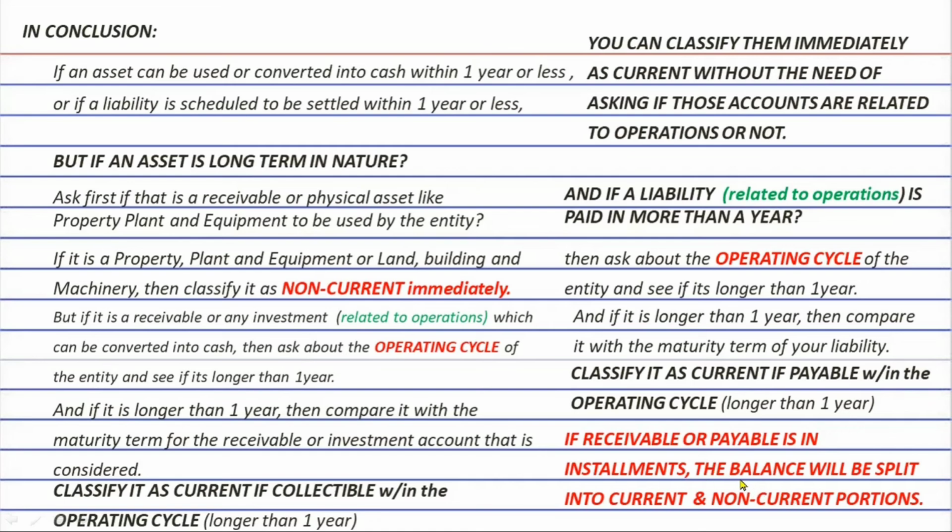Those installments payable within 1 year for accounts not related to operations, or within 1 year or the operating cycle, whichever is longer, for accounts related to operations, must be classified as current and presented in the current liabilities section of the financial statements. All other installments that do not qualify as current shall be presented in the non-current section of the financial statements. So, that's it for this video.